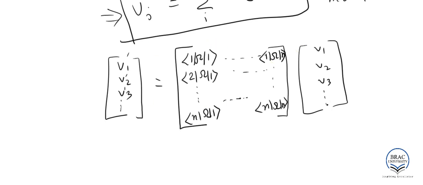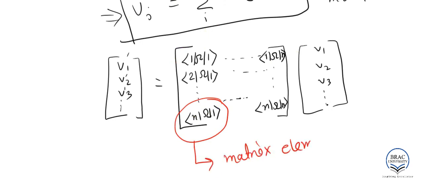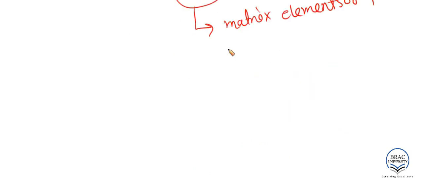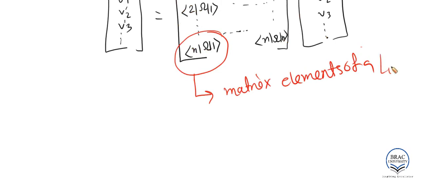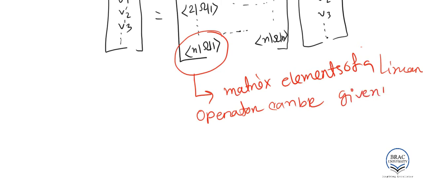So from here you can also learn a new notation, that the matrix elements of a linear operator can be given by, let's say, like this.